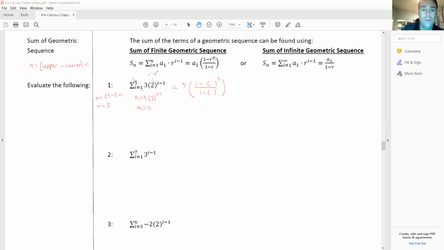So r is 2. So if we plug in all our values in here, if we were to go figure out all 5 values and plug them in, they would equal to whatever this equation would be. Little precursor, that might be the answer to the second one. It would be 93.